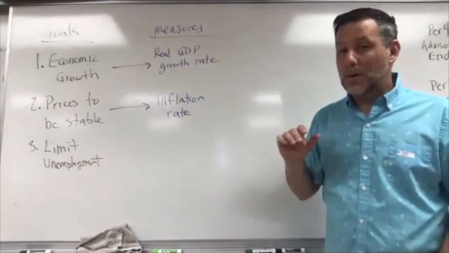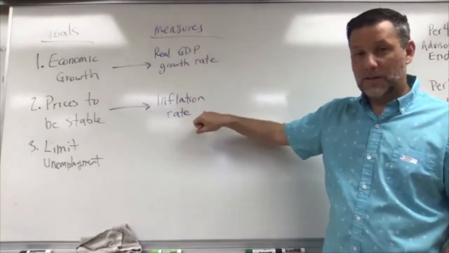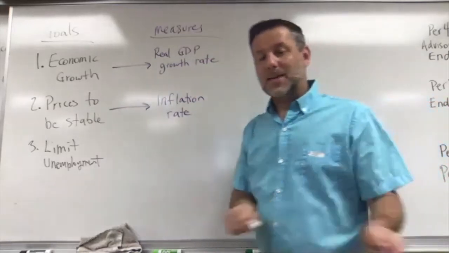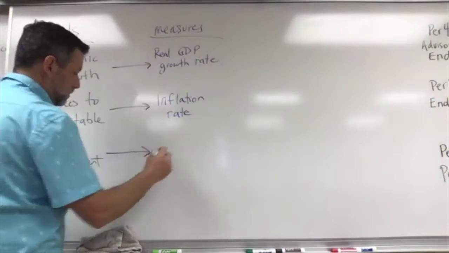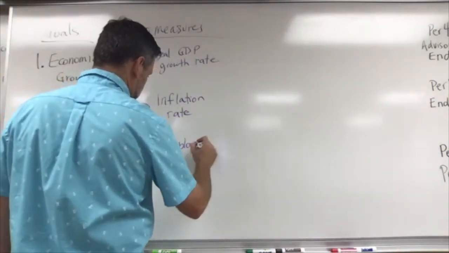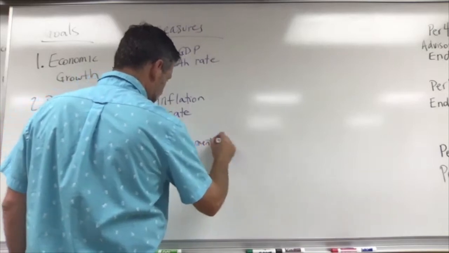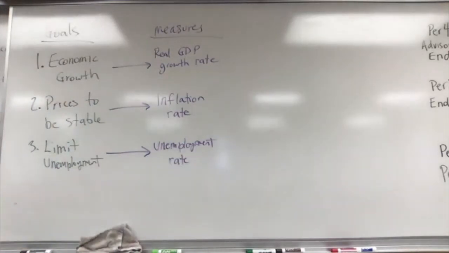So in order to know what's happening in the economy, we got to look at the growth rate. We got to look at the inflation rate. And then the last thing that we're going to look at is our unemployment rate.